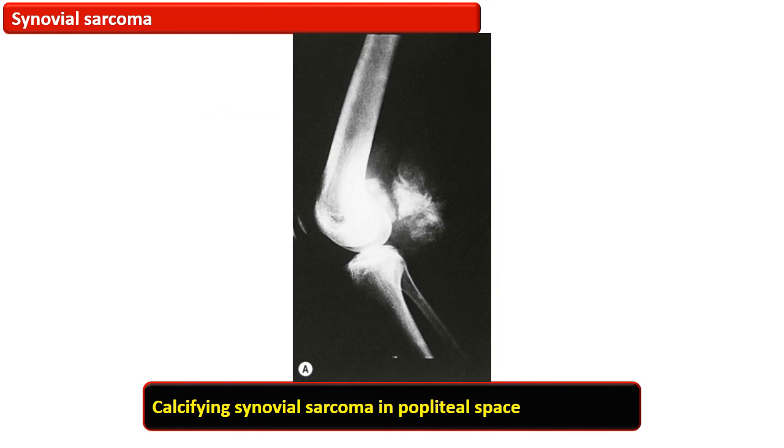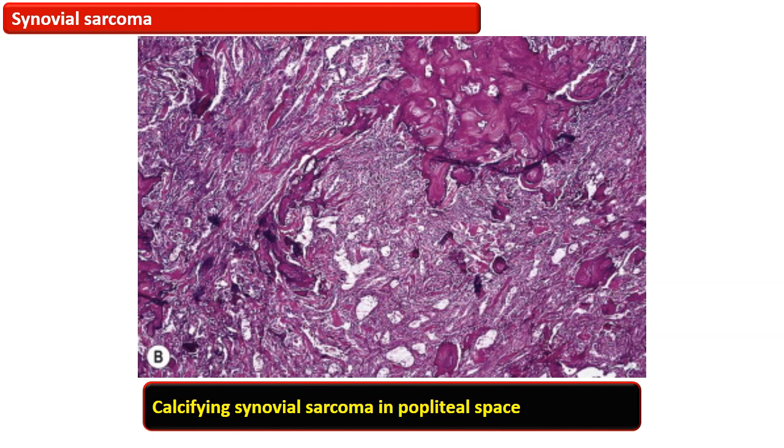This is the radiological appearance of calcifying synovial sarcoma in the popliteal space, showing the calcifying lesion within this biphasic pattern. The osteoid and bone formation can sometimes be so extensive that it obscures the true nature of the tumor.